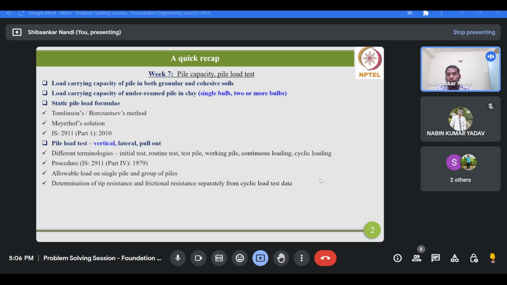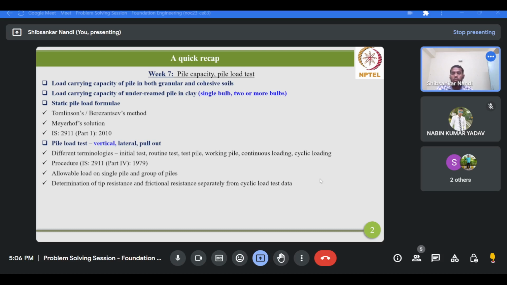In case of lateral, the load acts in the horizontal direction, and for pull out, it's again axial, but tensile in nature. That is, you are determining the uplift resistance of a pile.